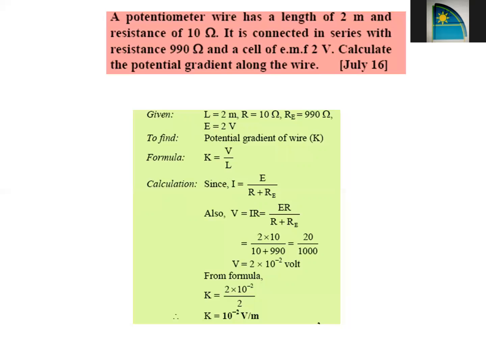So current I will be equal to EMF divided by total resistance in that given circuit. Using this relation, we can calculate the value of potential gradient. Also, if we wish to, in some question, we can also calculate the value of internal resistance.